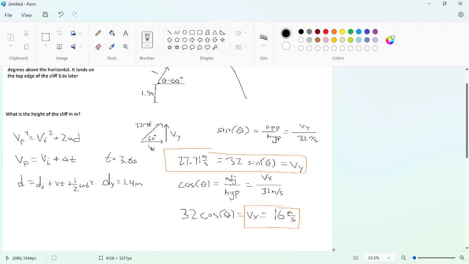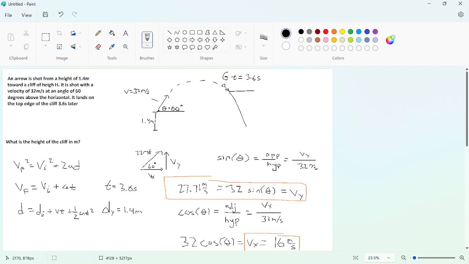Do we have the velocity final? No, we do not. We have the initial y velocity. We do have the initial y acceleration, which is negative 9.8 meters per second squared. And then the distance that it travels. Do we have the distance that it travels? No, we do not.